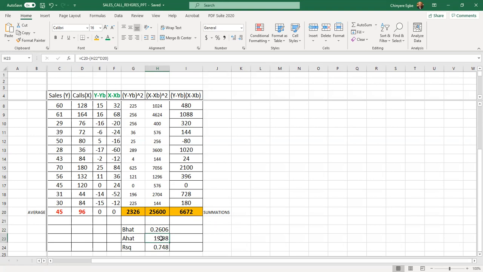You get A hat from there. So you can do it using Excel, or you can write down the numbers and use the formula. Any way you do it, you're going to get it correctly. So you can do the same for the boss problem, except that you're going to do it for mileage instead of for age.